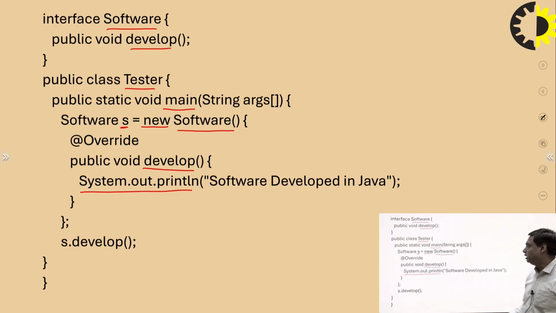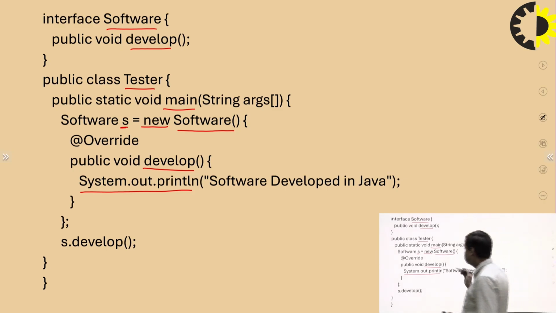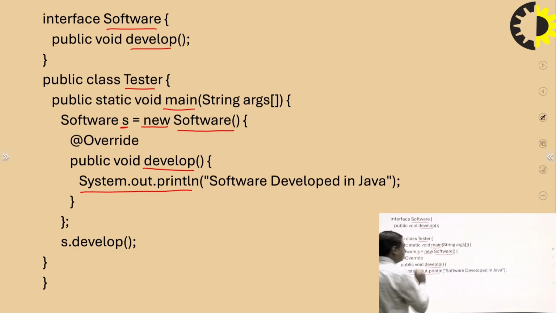So you can see there is no need to write a separate class to implement the Software interface. We just use the anonymous inner class with the new keyword. Internally it will create an object, and in this class we have implemented the develop abstract method. So this is the way by which we can reduce our code.